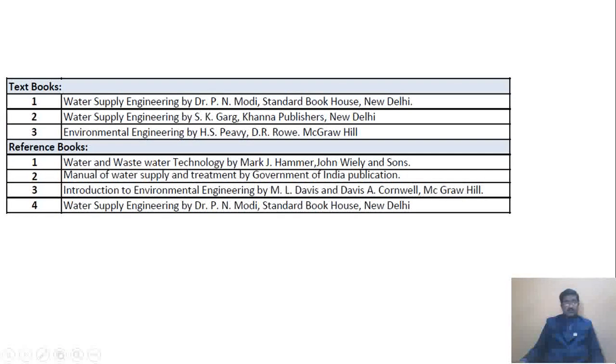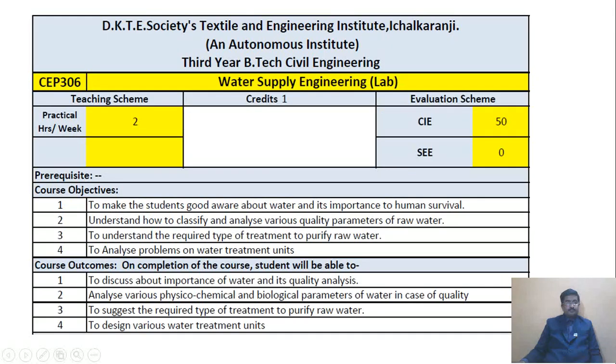Then reference books are Water and Wastewater Technology by Mark Hammer, Manual of Water Supply Treatment by Government of India publication, Introduction to Environmental Engineering by M.L. Davis, and Water Supply Engineering by Dr. P.N. Modi. So these are the good books available for this subject.